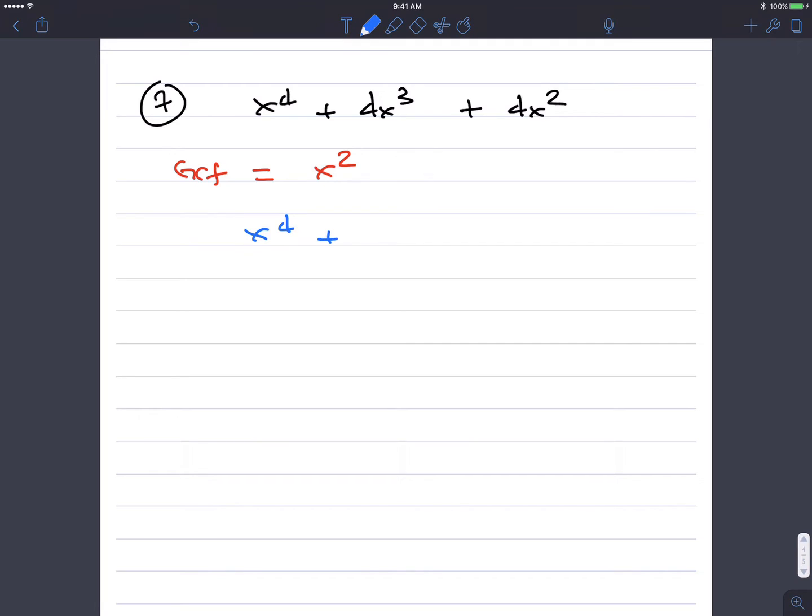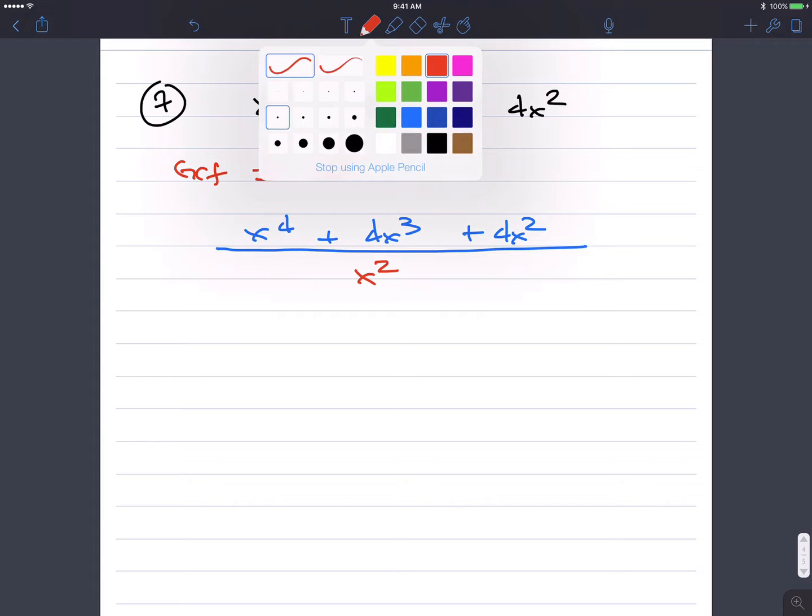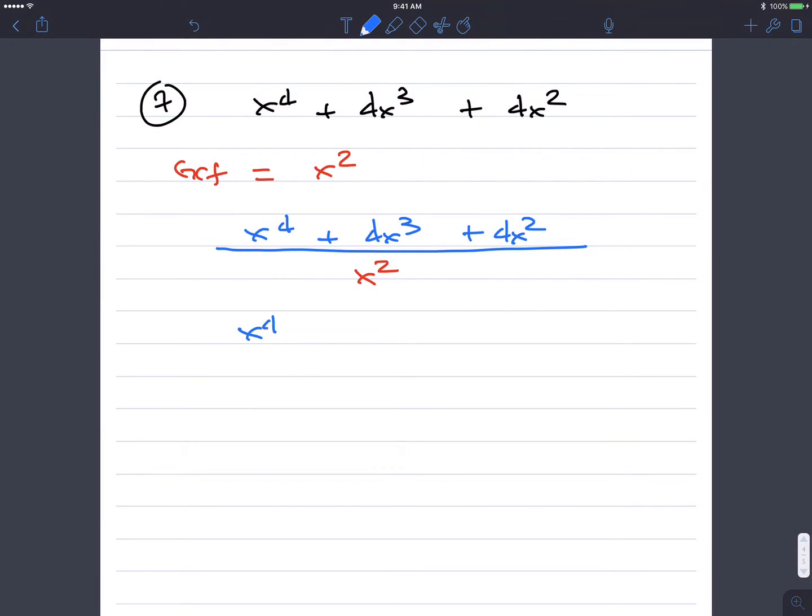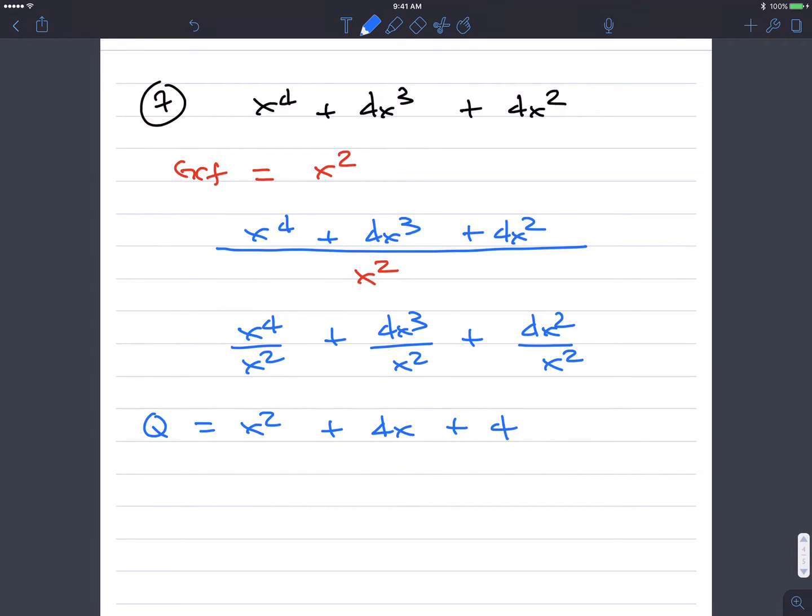Divide every term by your x squared, and we end up with x to the 4th over x squared, 4x cubed over x squared, 4x squared over x squared. So we get x squared plus 4x plus 4, and this is my quotient.